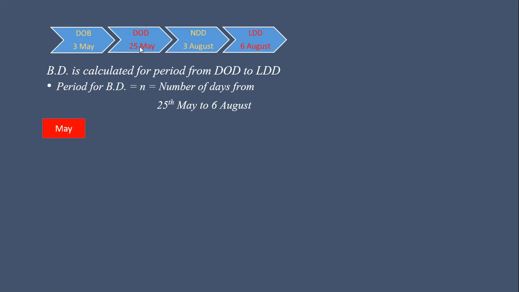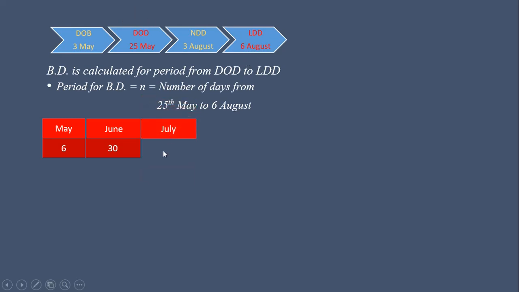Now date of discounting is 25th May. Now remaining days of the month May, these are 6 days. May is of 31 days, 25th May is the date of discounting, so we subtract 25 days from 31, remaining are 6. Next we consider June. June is of 30 days, so again 30 days we have to go up to 6 August.